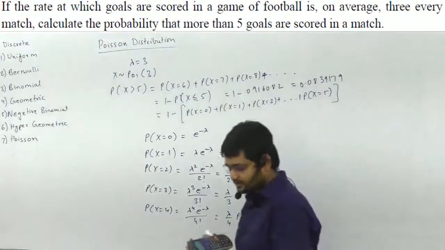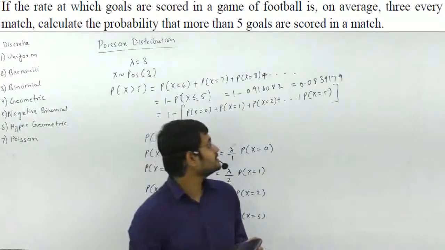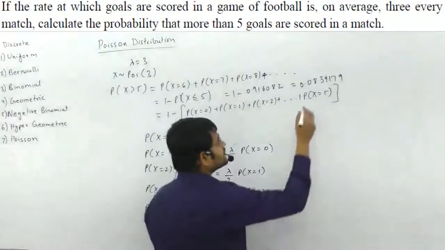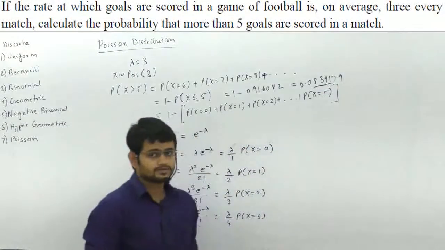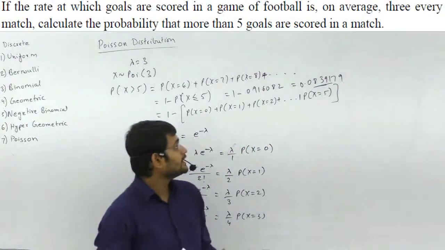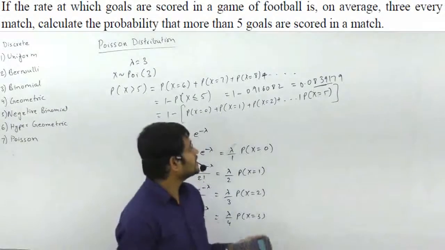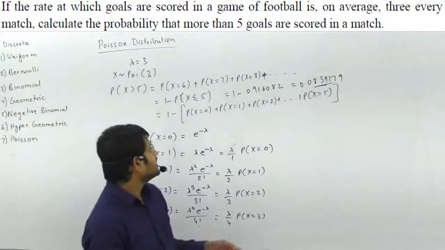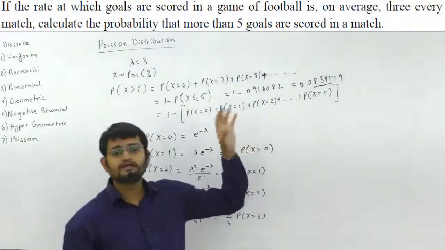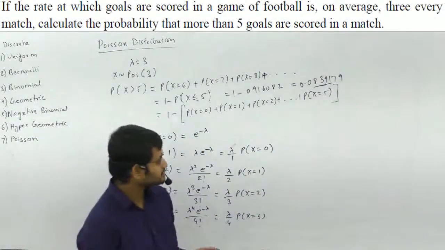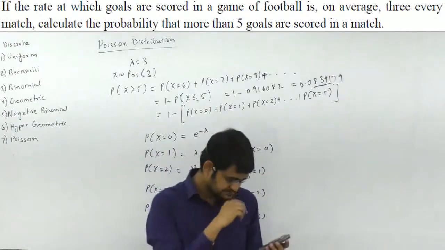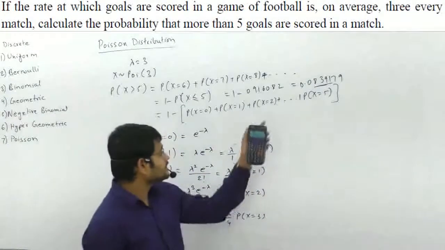So maximum expected answer is 3 significant numbers. I would suggest give at least 4 significant numbers. So you'll have 0.08391 or 8392. Okay. And while calculating, at least use 6 decimal points or more. So here we have this value.